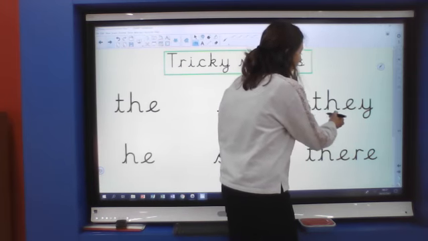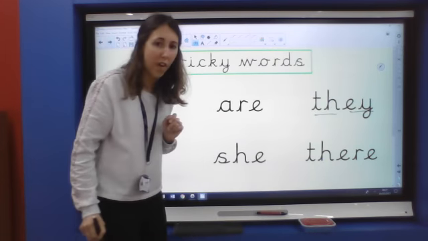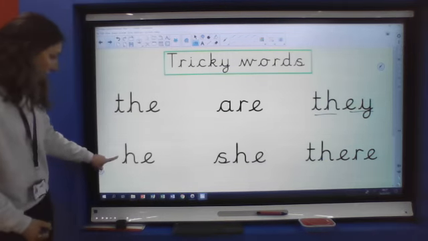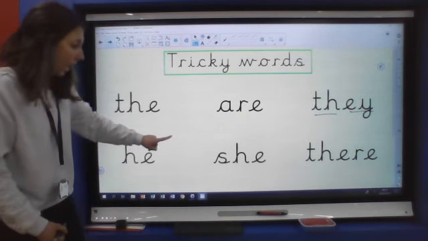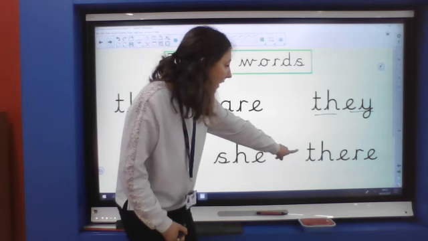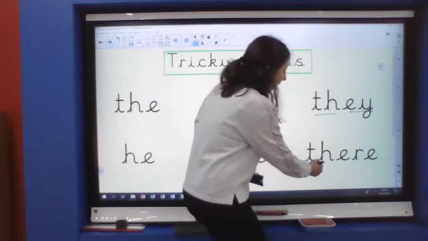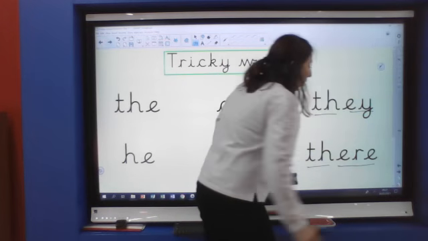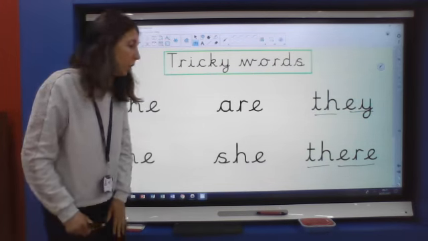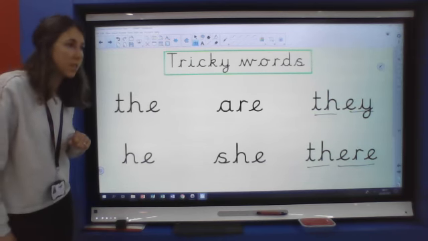So I've got the word they, T-H-E-Y, to make the A sound. They. Then I've got he and she, and then lastly I've got the word there. That is there. It's one of our tricky words that we need to know. So I'm going to use some of these words in my sentences as well.